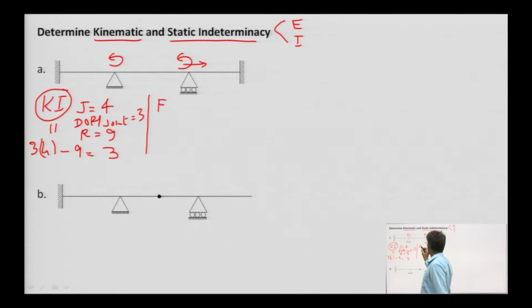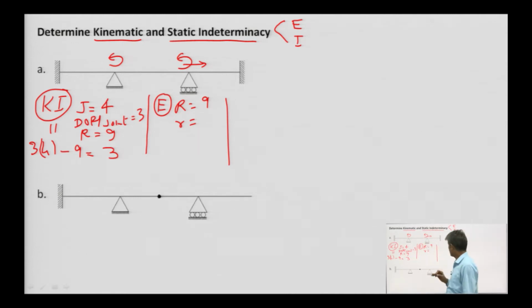Let us calculate static indeterminacy. First of all, external. Let us calculate the total number of restraints. We have calculated capital R, it is 9. Small r, equilibrium equations, considering the entire structure as a joint, it is 3.